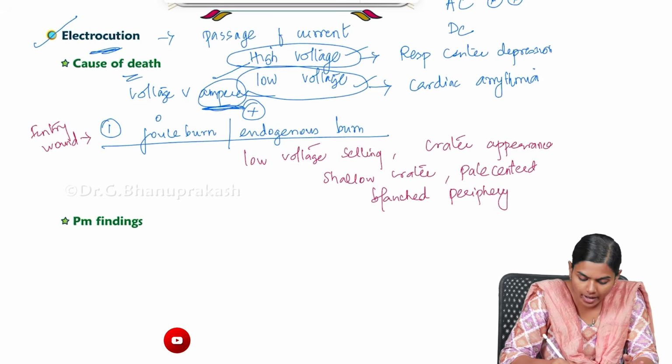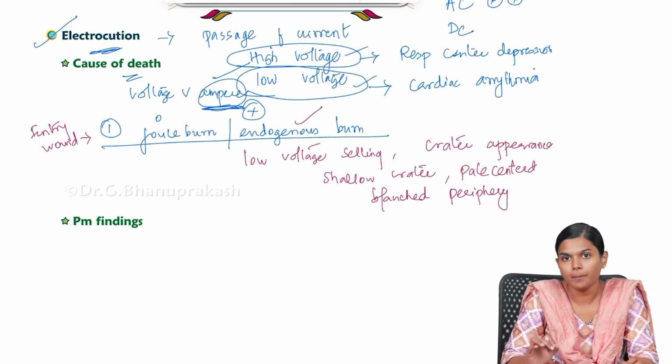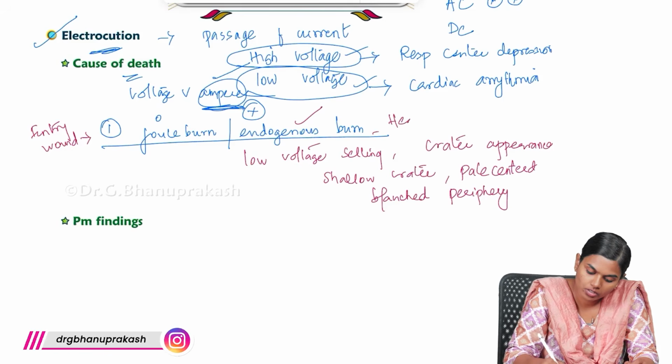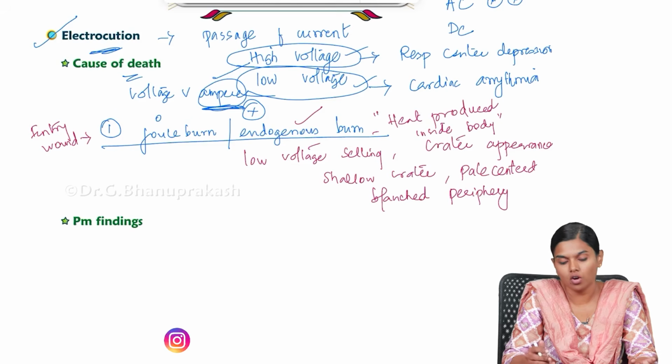So, why we call it endogenous burn is that here the current will enter the body and heat is produced inside the body, which results in this burn injury. That is why we call it an endogenous burn.